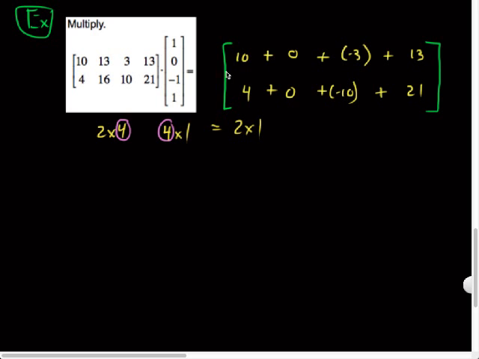Now even though this seems very wide, how many elements wide is this? Just 1 width. So I'm expecting it to just be a little 2 by 1 matrix when I'm all said and done. Let's see, 10 plus 0 is 10, minus 3 is 7, plus 13 is 20. And 4 minus 10 is negative 6, plus 21. What's that, 15? And I'm done.